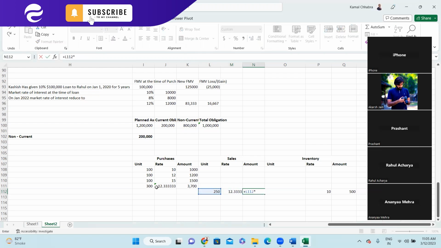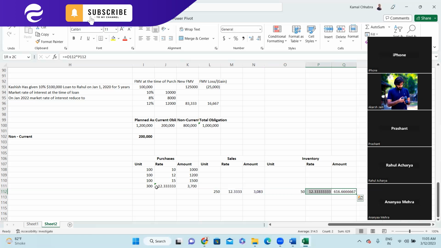This will cost you this multiplied by this, something like this, right? And your closing inventory will also be at this price, right? Are you guys with me?